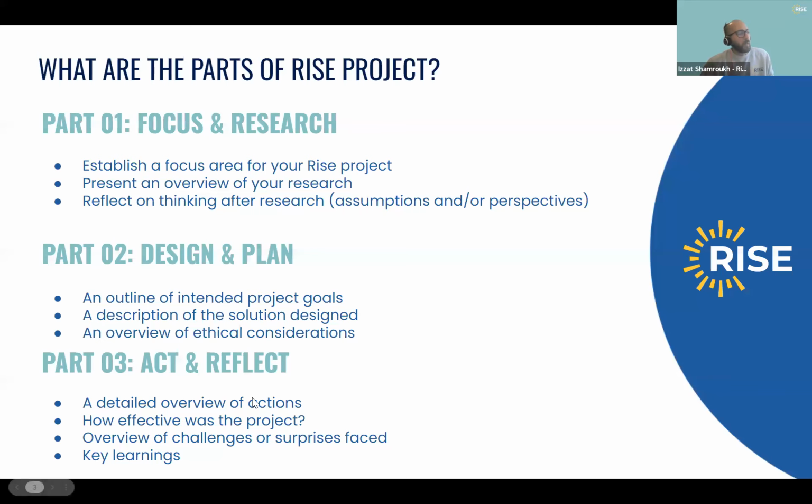And then once we go to act and reflect, it's about putting into action the plan that you have designed for your focus area. Then you'll do a reflection on your journey throughout your project. What challenges have you faced, and what lessons have you learned from that experience?